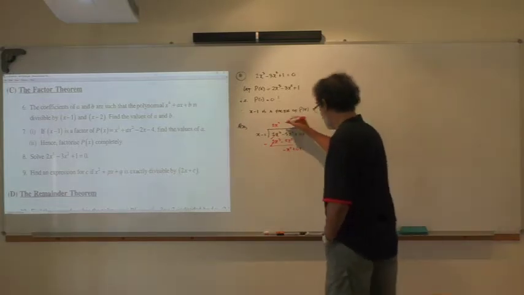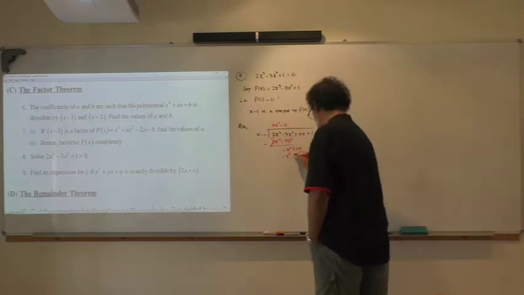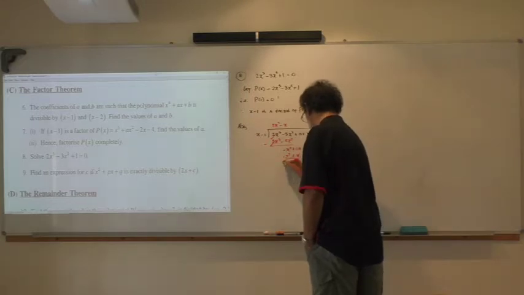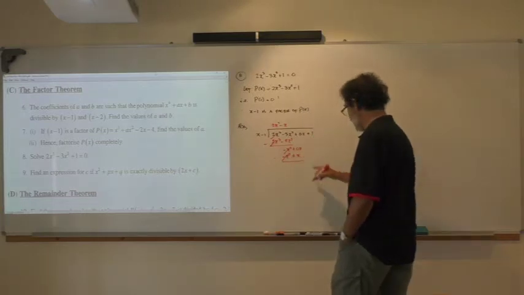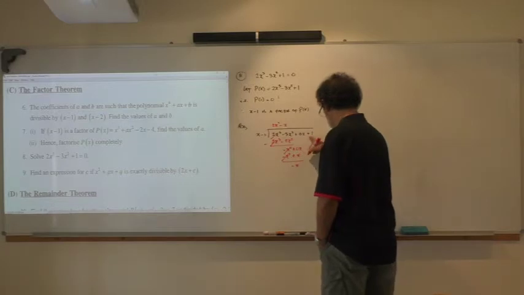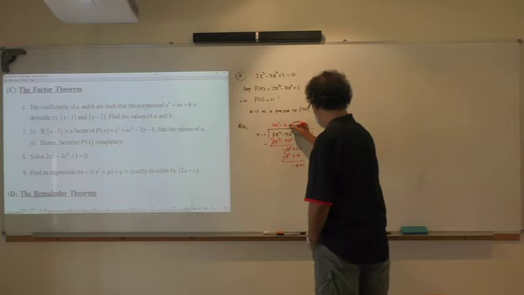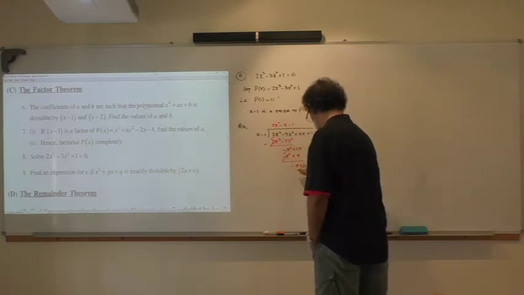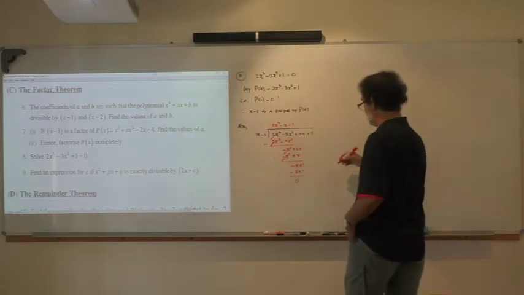Okay, and then we're going to multiply by x, so it's going to be minus x squared. And then we're going to have plus x, and then this will go, and then we're going to have 0 minus x, so it's going to be minus x, and then we bring the next one down, which is plus 1, and in here we're going to put minus 1, that will give you minus x plus 1, and then that is equal to 0.